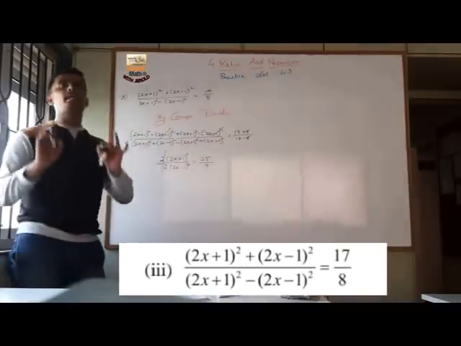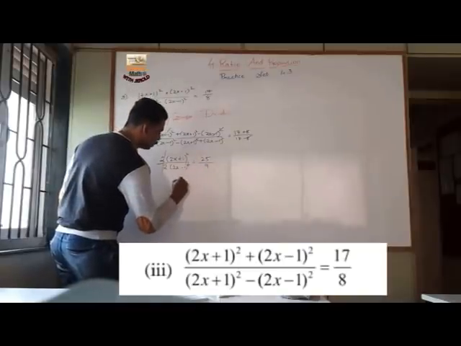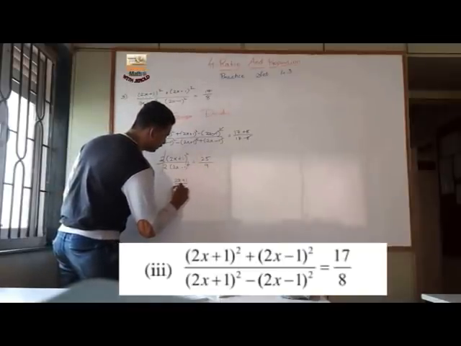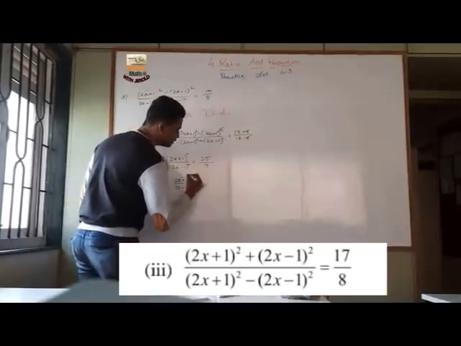So now taking square root. The square root of these two will bring them to normal, 2x plus 1 upon 2x minus 1, and the square root of 25 is 5 and of 9 is 3.